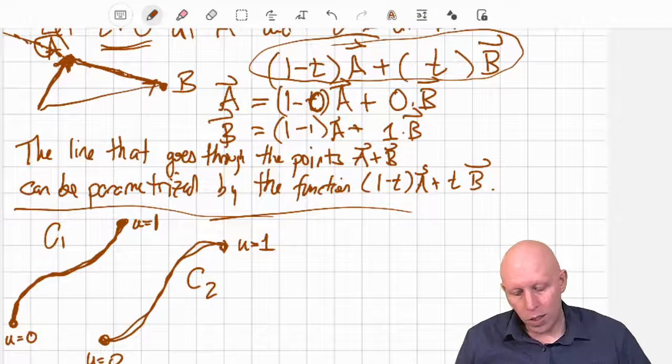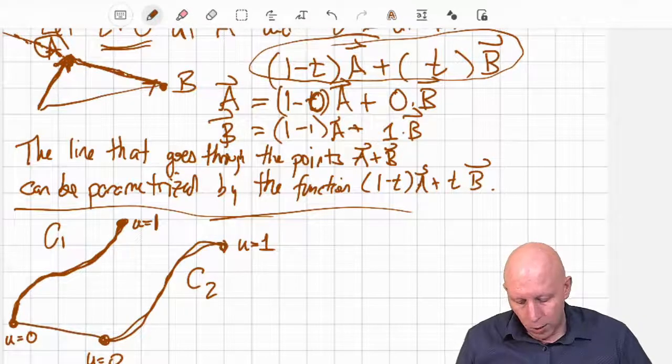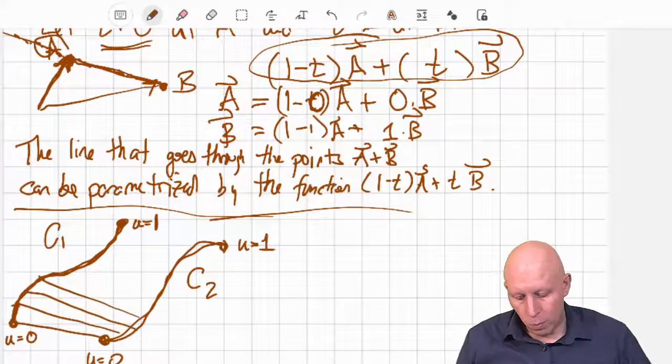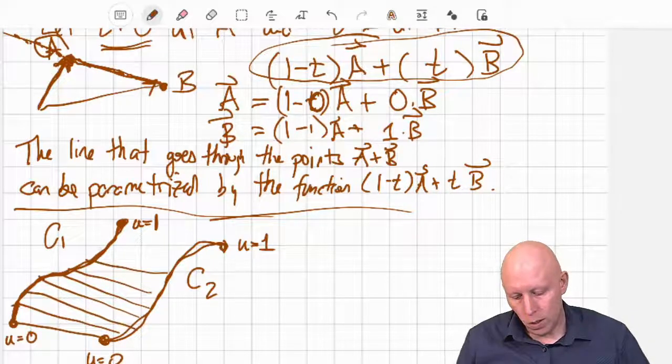Well, what we can do is take these curves and, at every point u, connect the point on C1 with the point on C2.